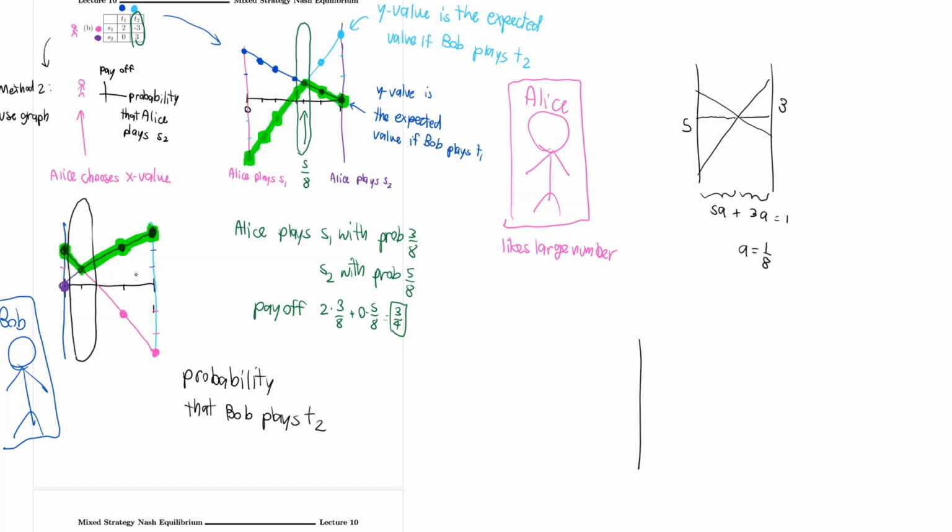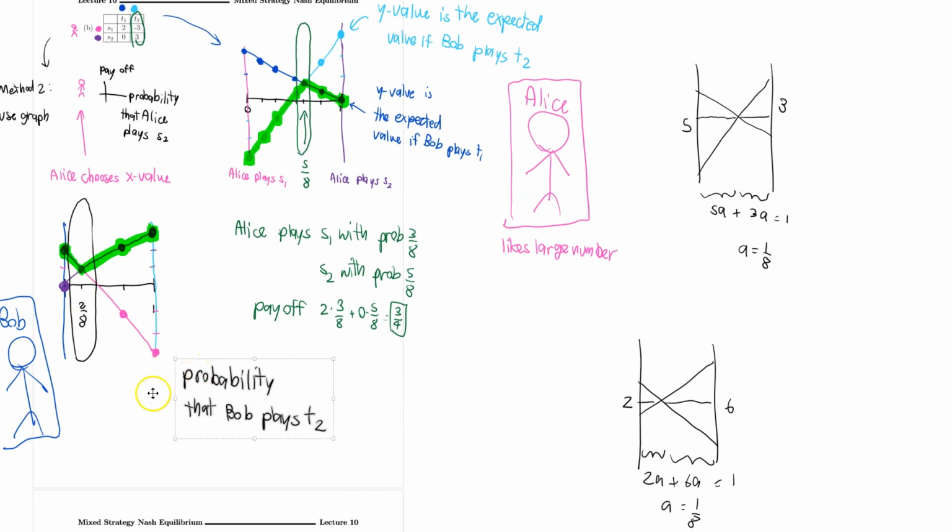Let me draw the similar triangle here. For the smaller triangle, the width of the base is 2, and for the big one, this is 6 units. So again, I have 2a, and this is 6a. This has to add up to 1, so that means a is going to be 1/8. So the x value here is going to be 2/8.